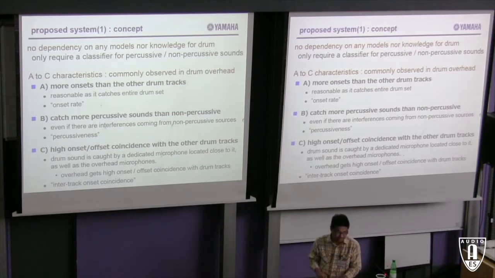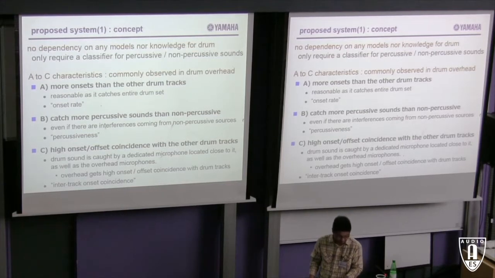B: catches more percussive sound than non-percussive sound. Even if there are some interferences coming from non-percussive sources, drum overhead is still expected to capture more percussive sound. And this is evaluated by a measure called percussiveness in my study.